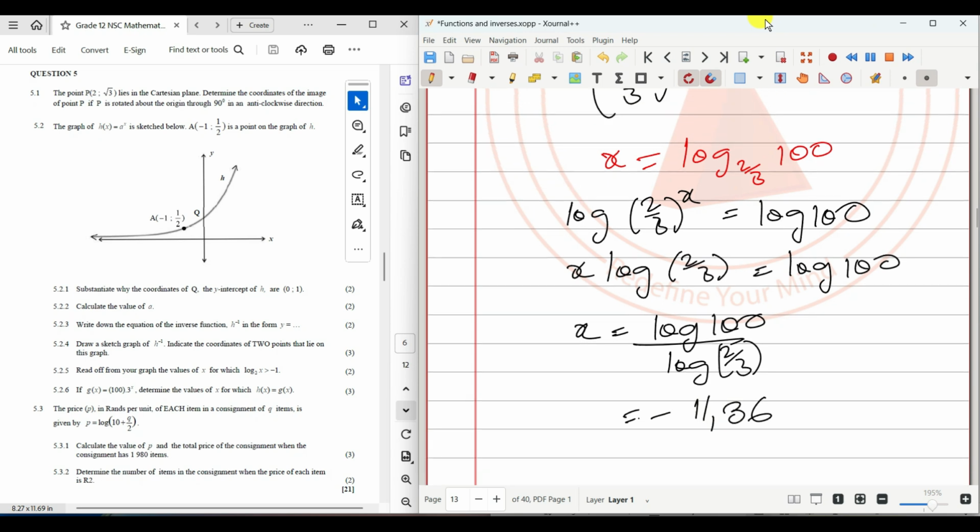Guys, even if you had pressed the log base form, you are still going to get the same thing. This here is the same as this here. So that is our answer, negative 11.36. Nice.